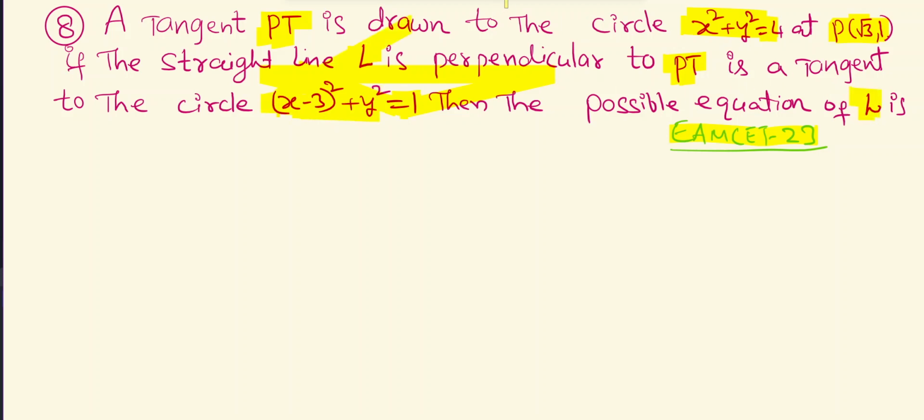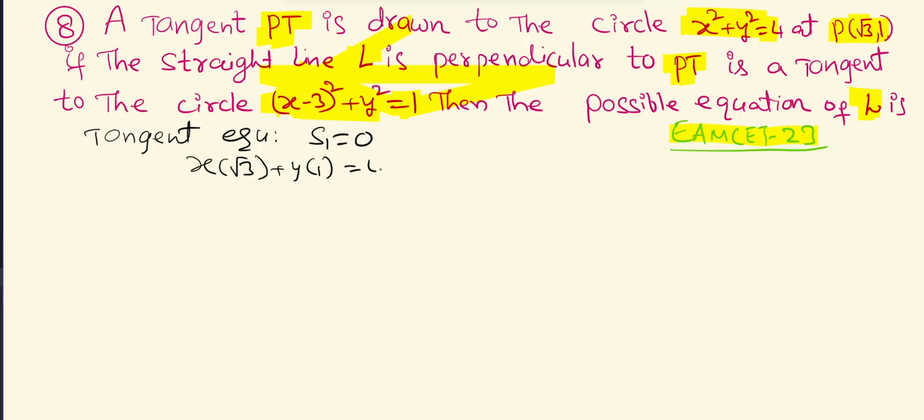Now we find the line equation L. A tangent PT is drawn to the circle, so the tangent equation is S1 = 0. That is x into root 3 plus y into 1 equals 4, so root 3 x plus y = 4.